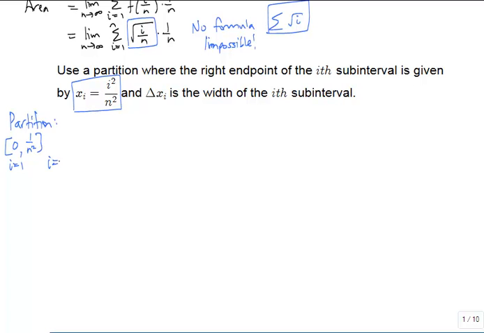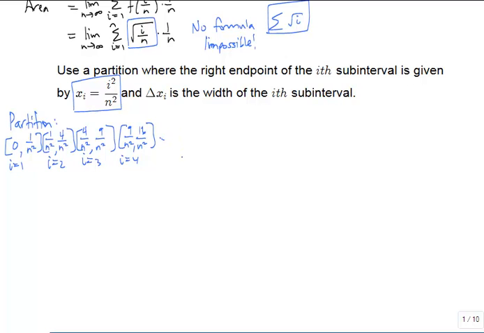If I let i be 2, my second subinterval is going to pick up at 1 over n squared, but now if i is 2, 2 squared becomes 4, so this is going to have a right endpoint of 4 over n squared. If i is 3, then my next subinterval picks up at 4 over n squared, and now 3 squared becomes 9 over n squared. And then if i was 4, this would start at 9 over n squared and go up to 16 over n squared, and so on.